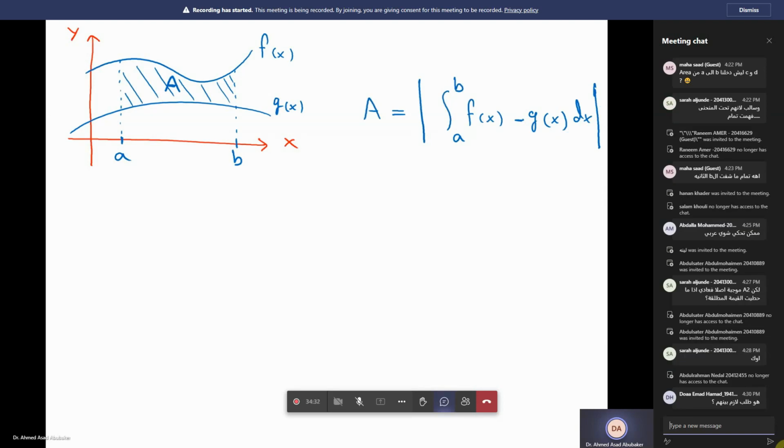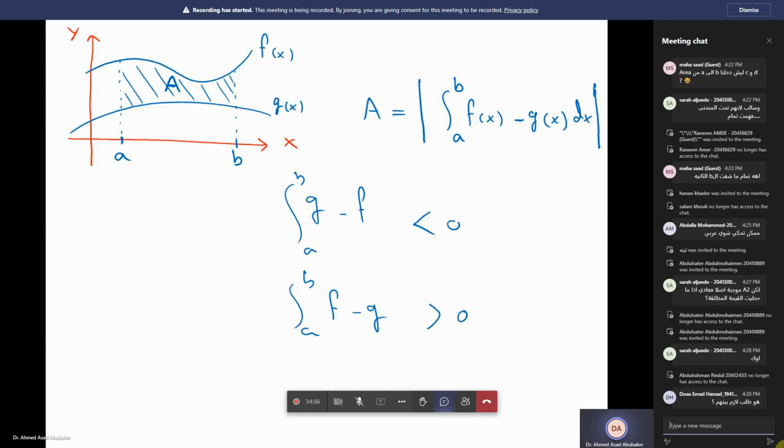With absolute value, this is the solution we have, positive, because if we put it g minus f, the integral from A to B, this is negative because g is under f. If we put it from A to B, f minus g, this is positive because f is above the function g.